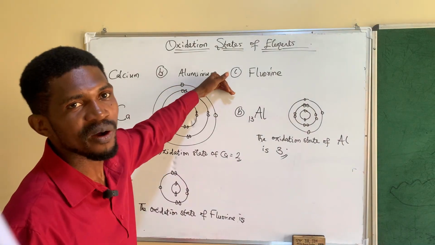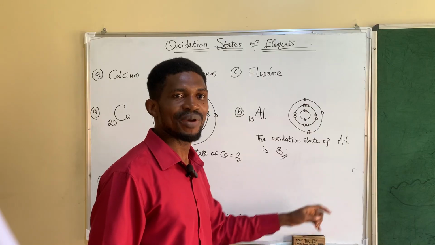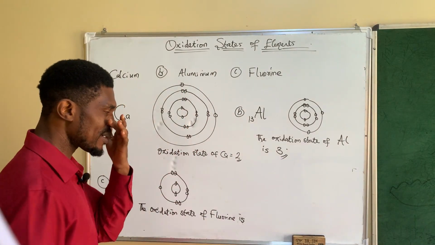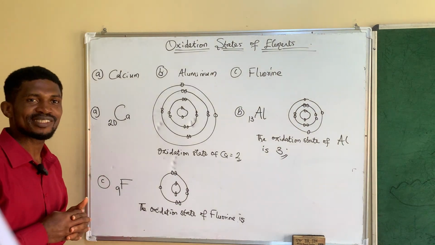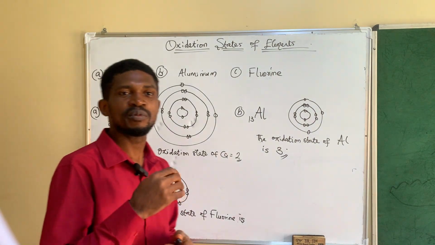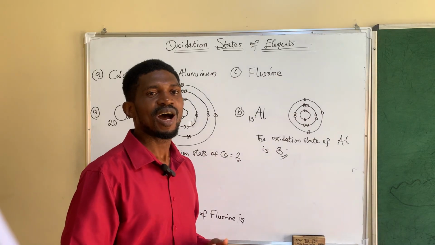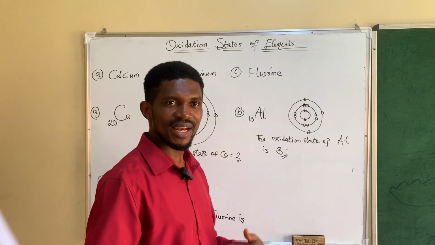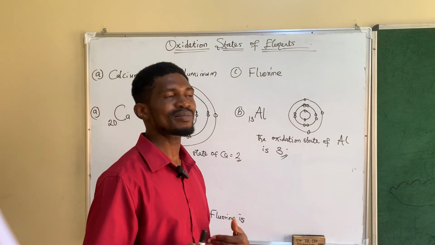That's why groups 1 to 3 are all metals, except hydrogen. For non-metals, we start from group 5 to group 7. They are non-metals, and what they do is accept electrons. They do not donate. Instead, they accept electrons.